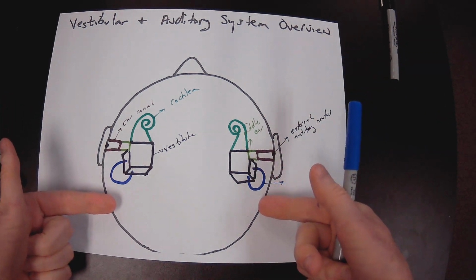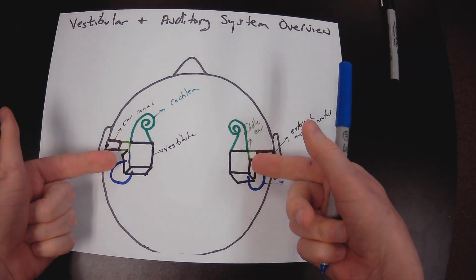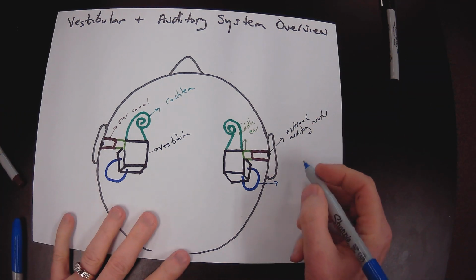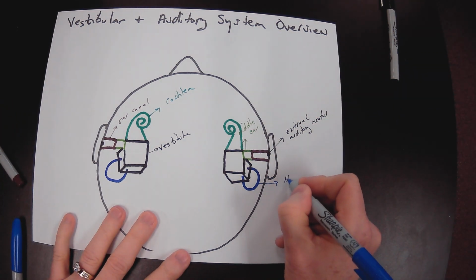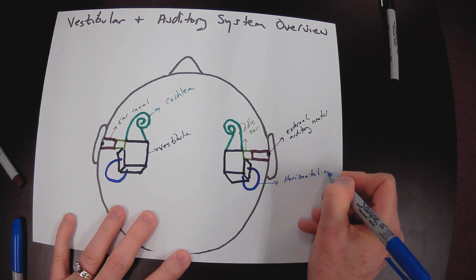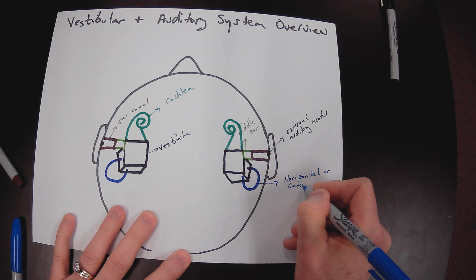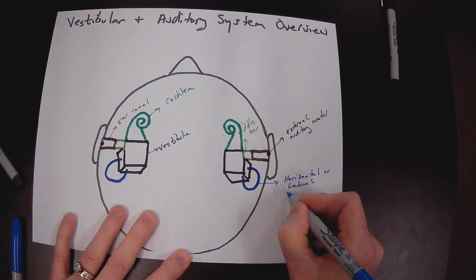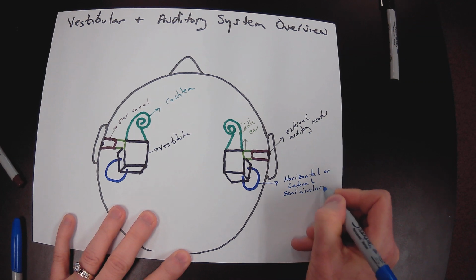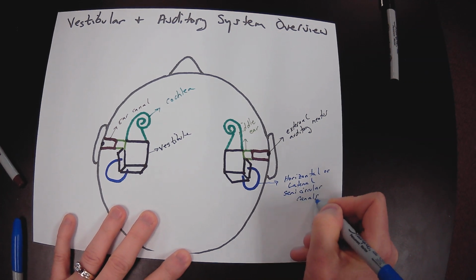Okay, this is one of the semicircular canals, and you can think about the position of it as kind of horizontal, and it's coming off the lateral, or the outside of the box. So it's known as your horizontal or lateral canal. You'll hear both words.